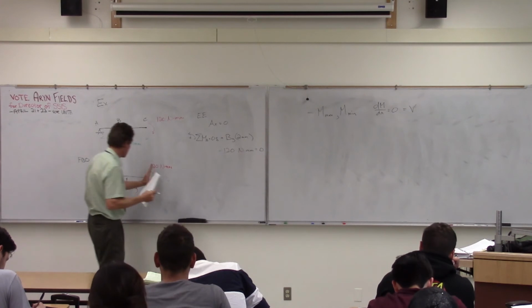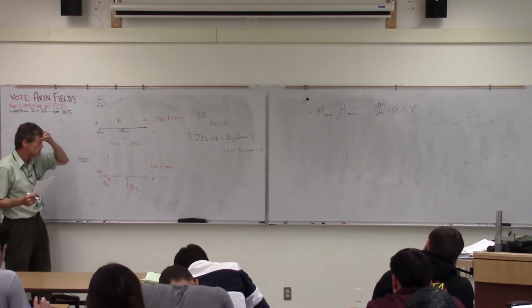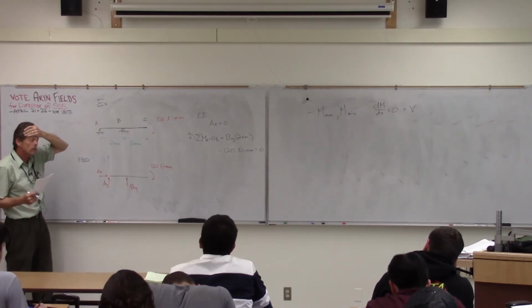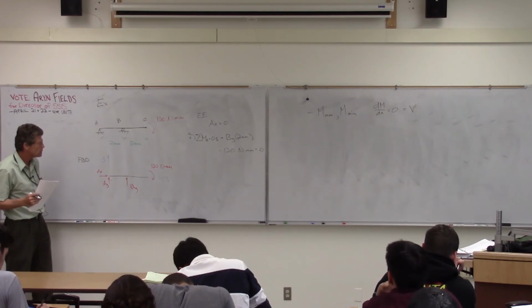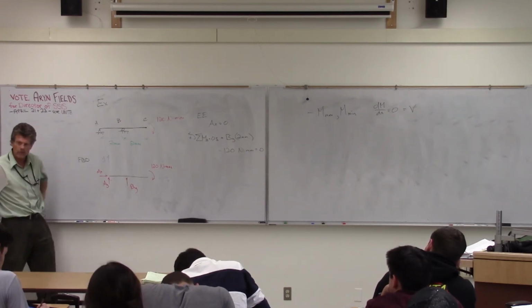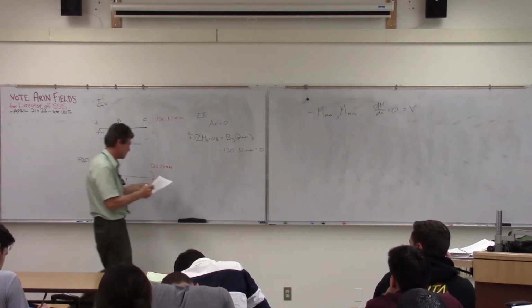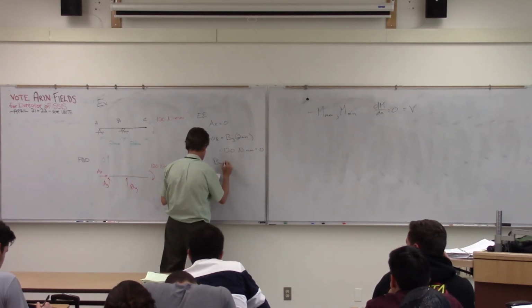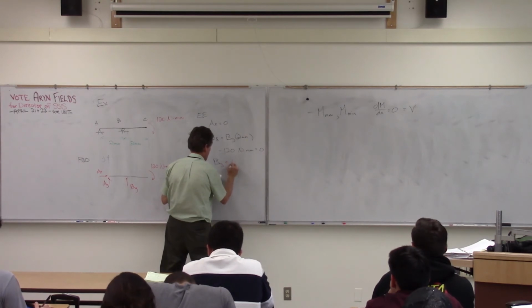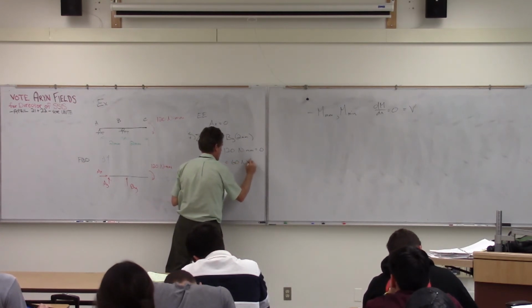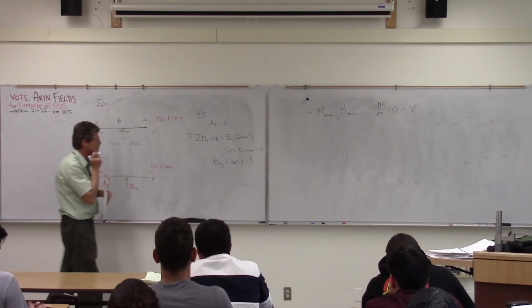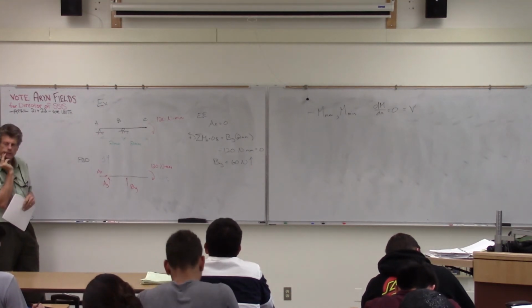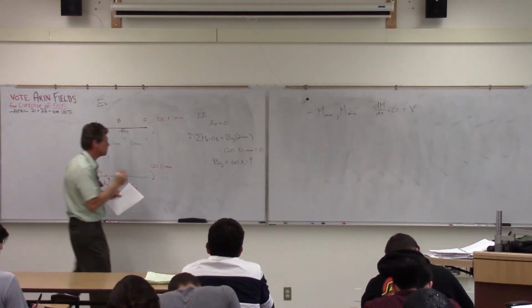And then the only other thing in the moment equation is that 120 Newton millimeters. So again, it's showing up as that free vector there. It's already in component form for moment. And when I got done, we find that By is equal to 60 newtons acting up.